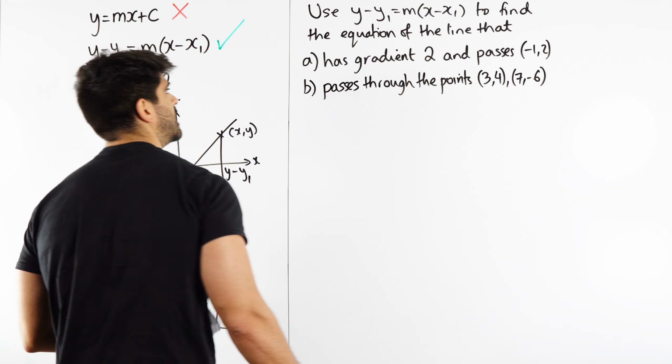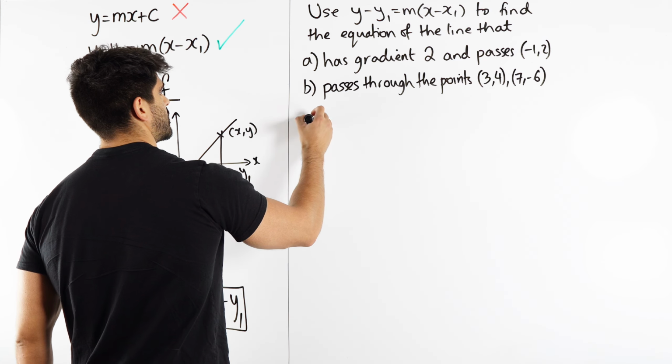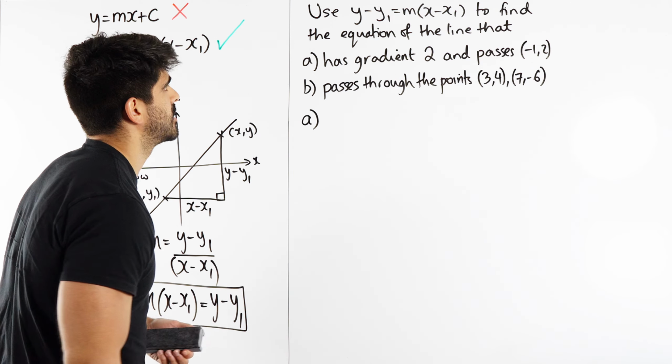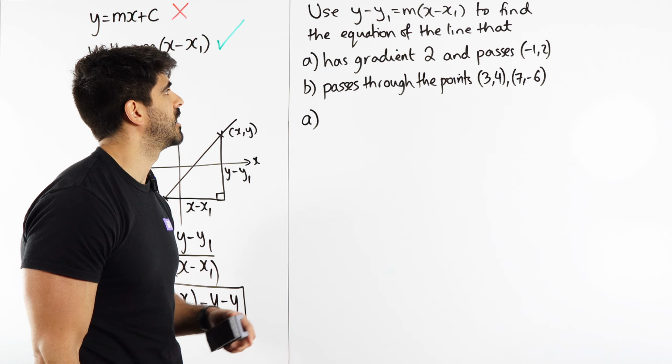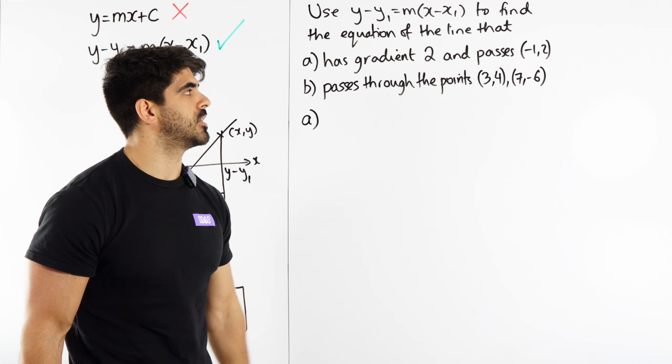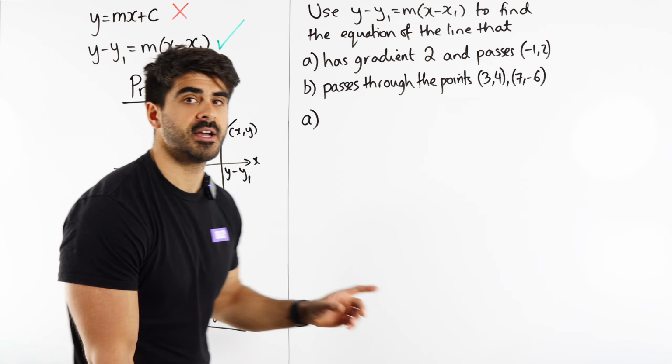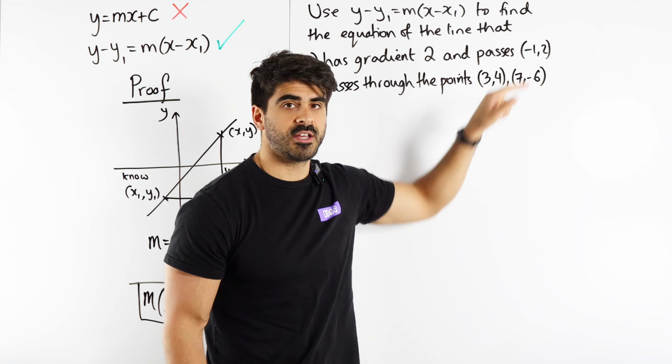So let me show you how it works with some questions. Let's look at part A. Use the y minus y1 equals m times x minus x1 formula to find the equation of the line that has gradient 2 and passes through -1, -2. So remember, guys, x coordinate, y coordinate.